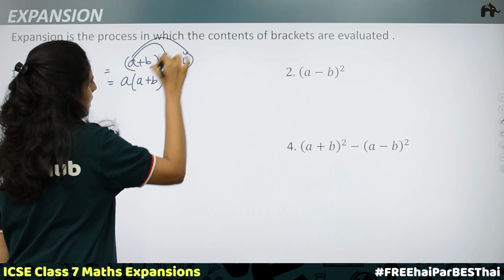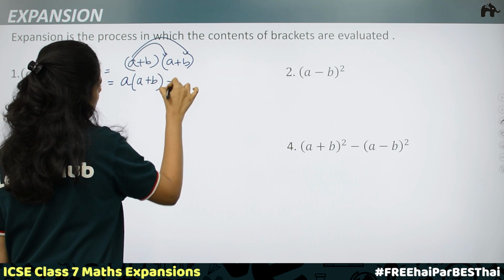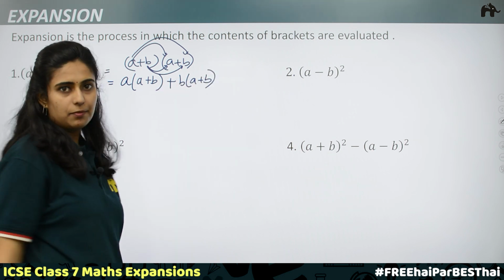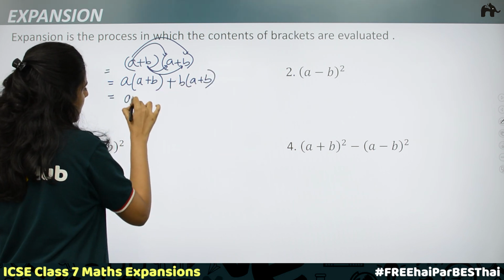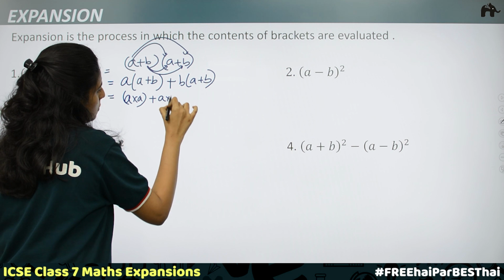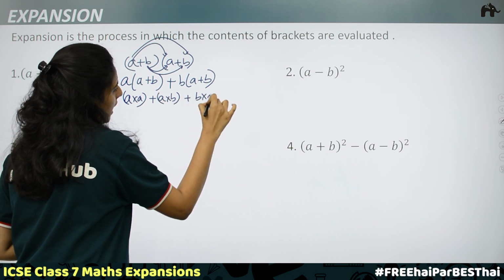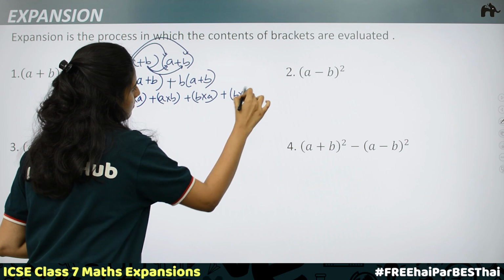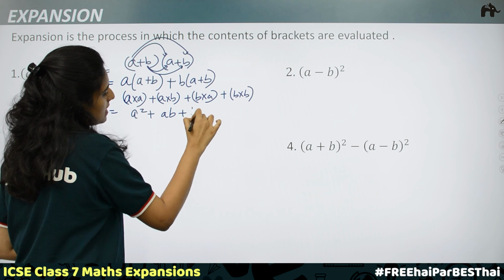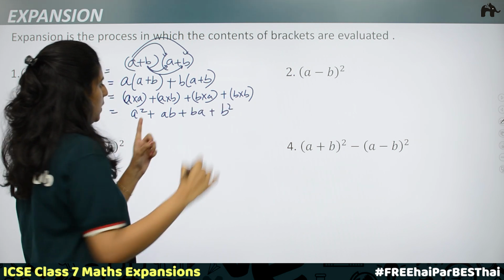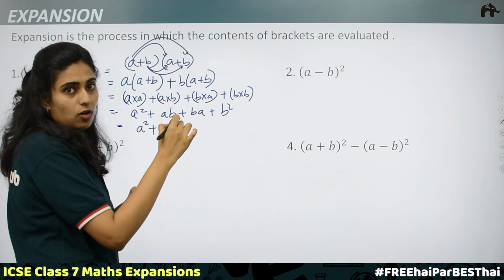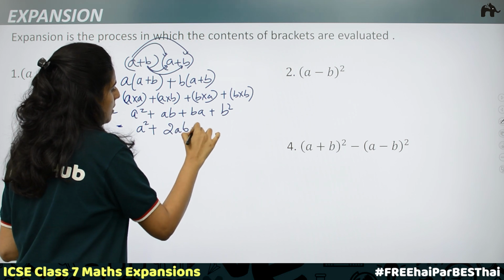Then, plus b into a plus b, which is equal to a into a plus, removing the brackets and multiplying, a into b plus b into a plus b into b, which is equal to a square plus ab plus ba plus b square. ab and ba are the same, so this will be equal to a square plus ab plus ba, or ab plus ab is 2ab, plus b square.